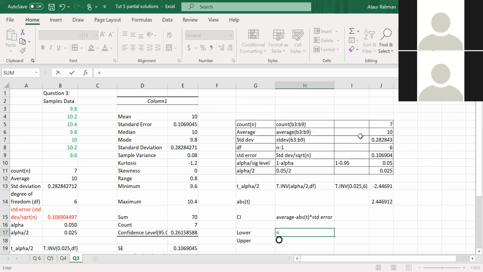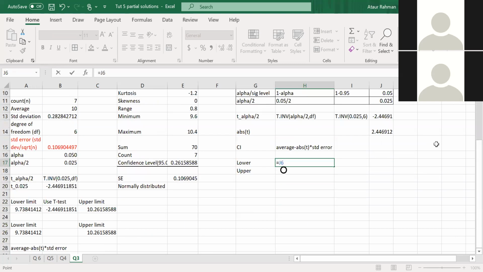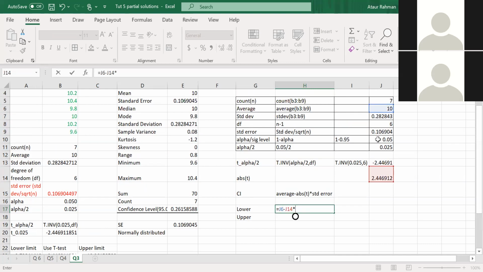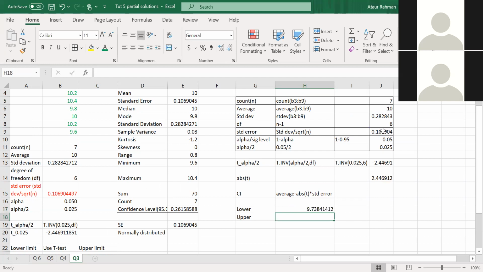Average value is here 10 minus absolute value of t is here times standard error. Standard error is here. So that is the lower limit. Confidence interval lower limit is this, and upper limit would be same equation, but we have to use plus.